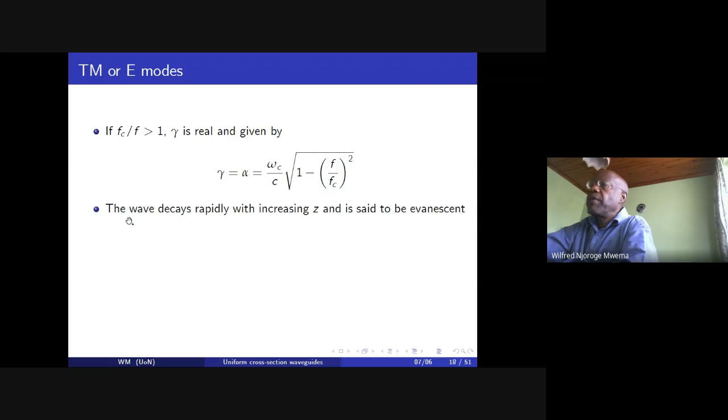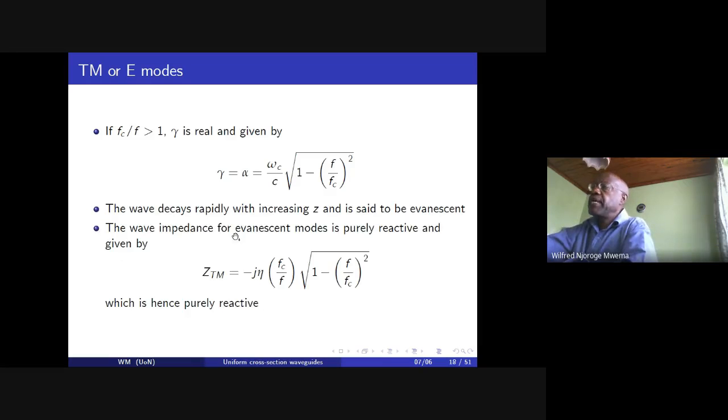And the wave decays rapidly with increasing z, that is away from the sending end, and is then said to be evanescent. The wave impedance for the evanescent modes is purely reactive and given by ZTM equal to j eta f_c by f into the root of 1 minus (f by f_c) whole squared, which is hence purely reactive because of that j.